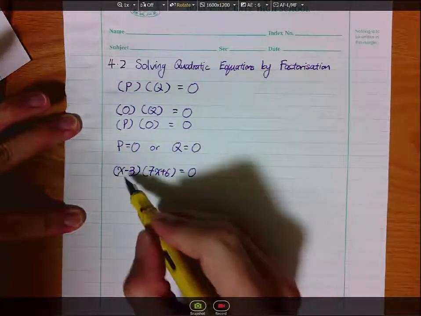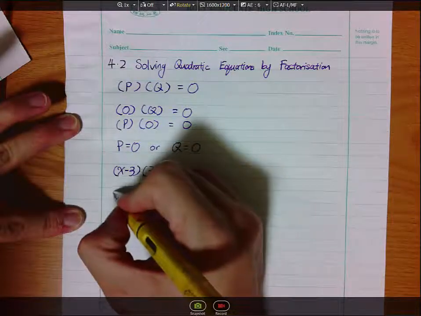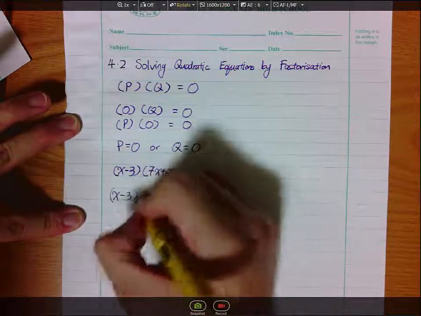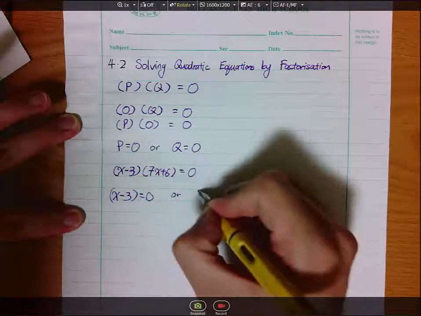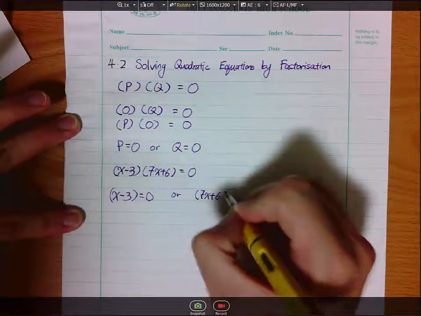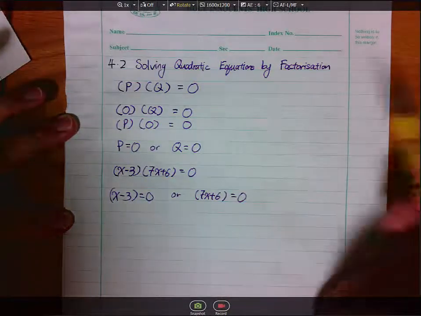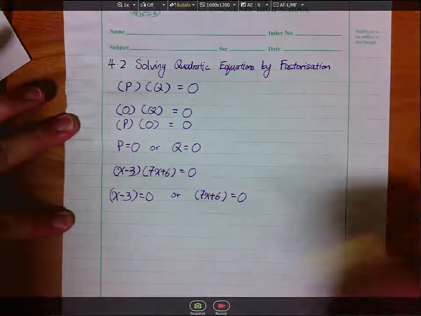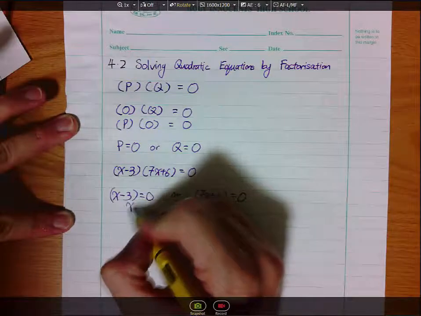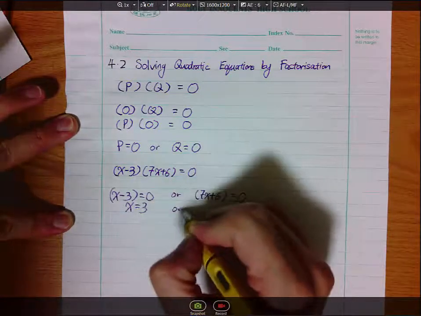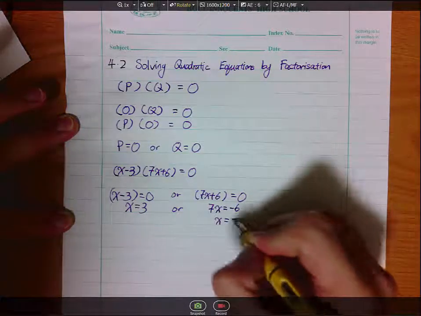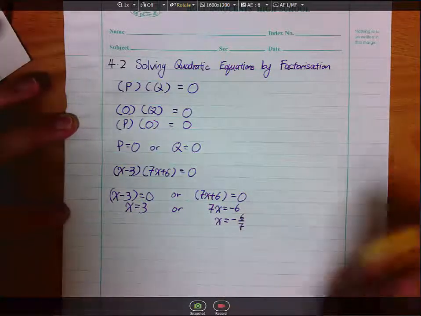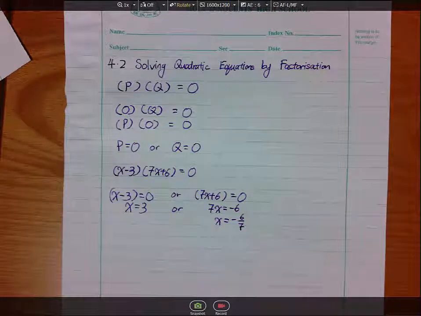So I can say that x minus 3 is equal to 0, as if p equals 0, or 7x plus 6 is equal to 0. This only works if the right hand side is equal to 0. So if I solve this, x is equal to 3 or 7x equals negative 6, x is negative 6 over 7.